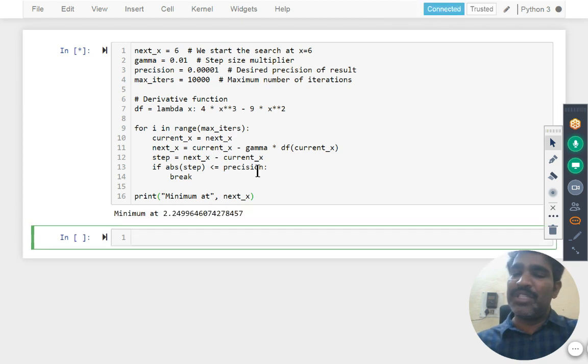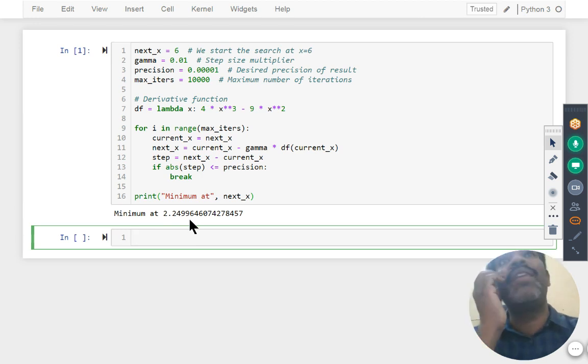So let me execute this one. If I execute here, what is the minimum point we got? 2.249. What does our mathematical equation give? Tell me. 9 by 4, which means 2.25, right? 2.249 is equal to 2.25 or not? Yes or no?